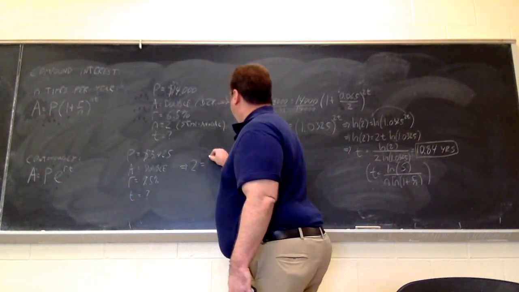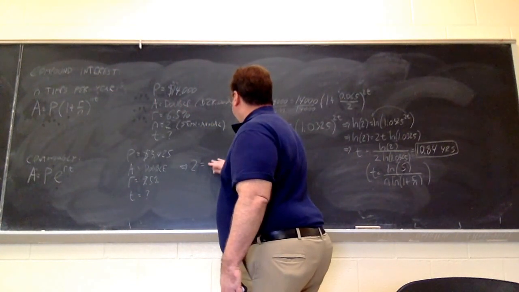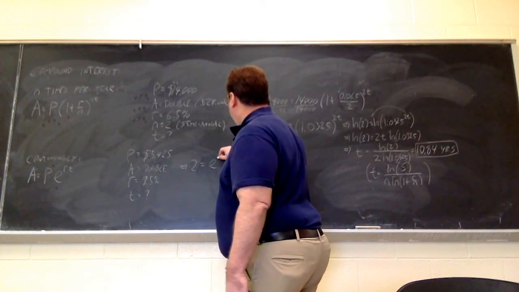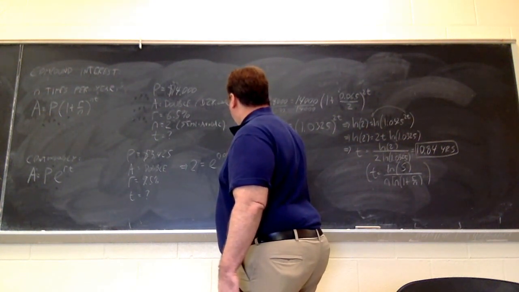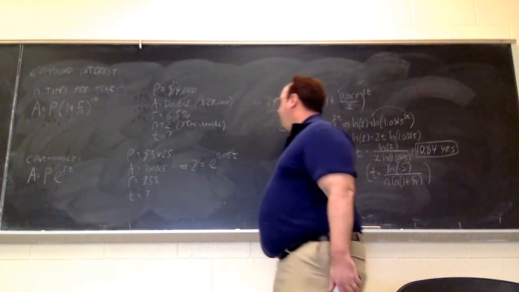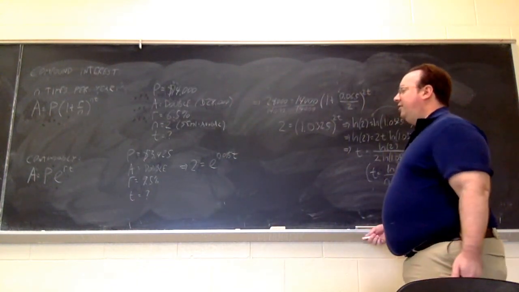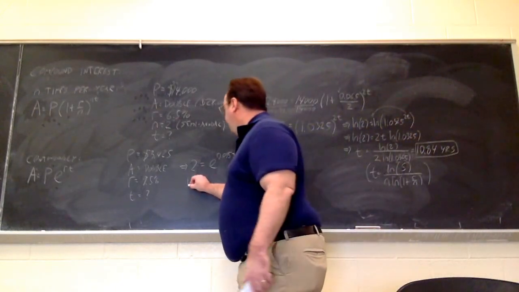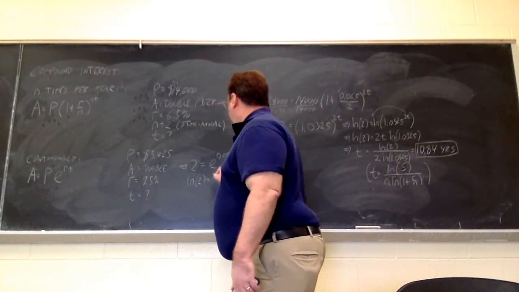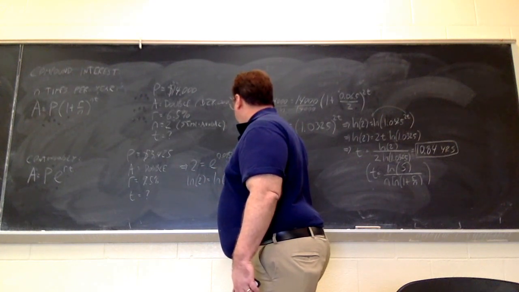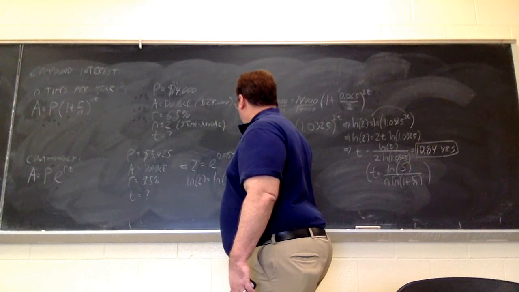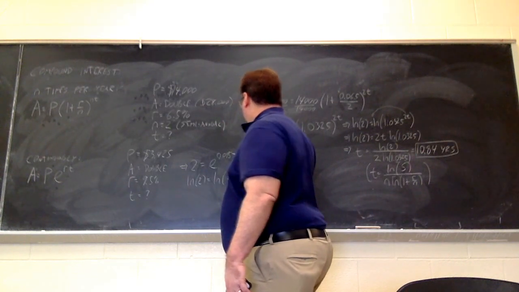2 is equal to e to the rt. r is 0.095, expressed as a decimal, times t. So now I can solve this equation for t, but first I need to take the natural log of both sides, like before. Natural log of 2 is equal to natural log of e to the 0.095t.